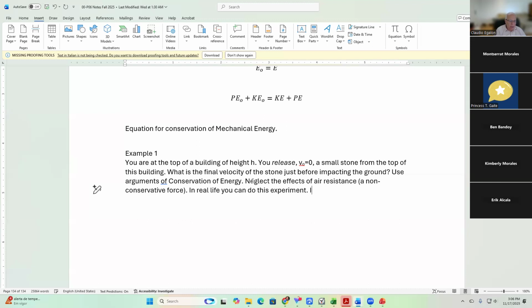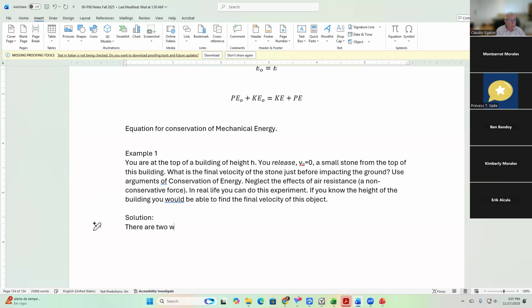If you know the height of the building, you'd be able to find the final velocity of this object.